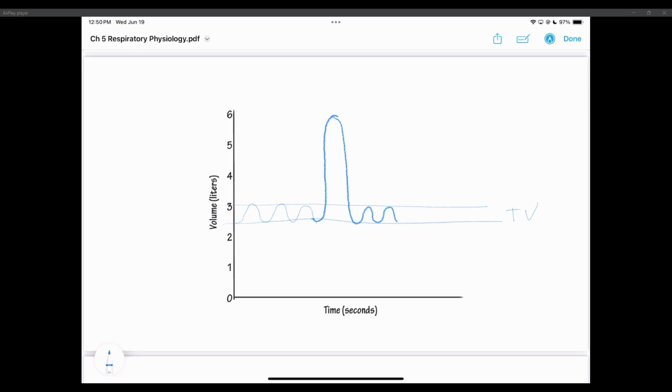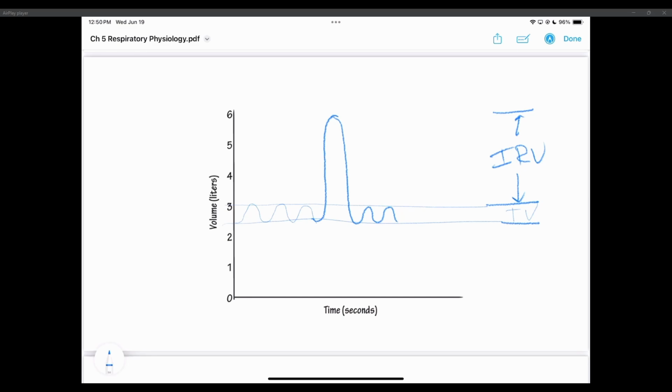This segment is called our inspiratory reserve volume. How much air can I breathe in above your normal tidal volume?